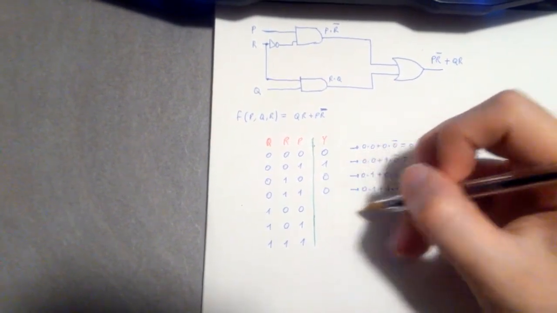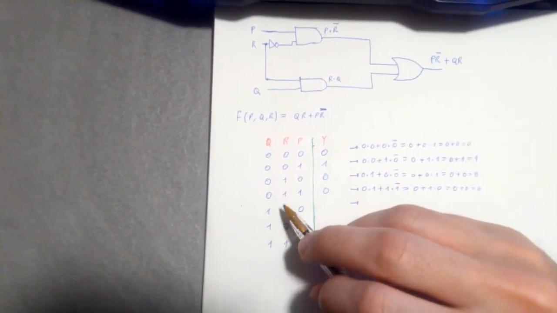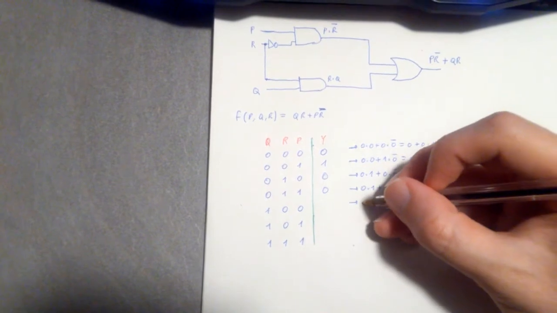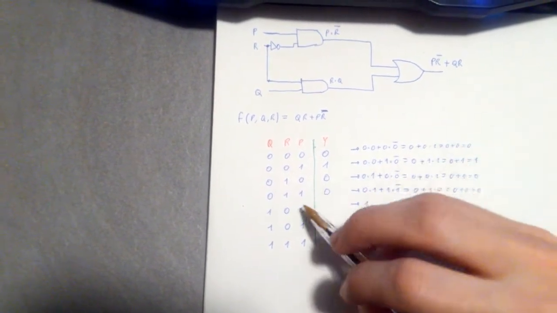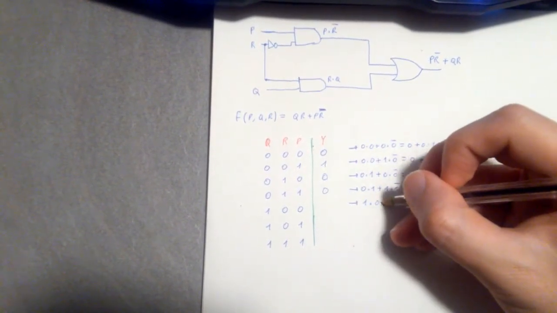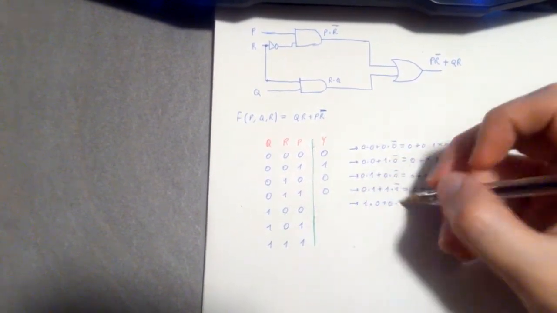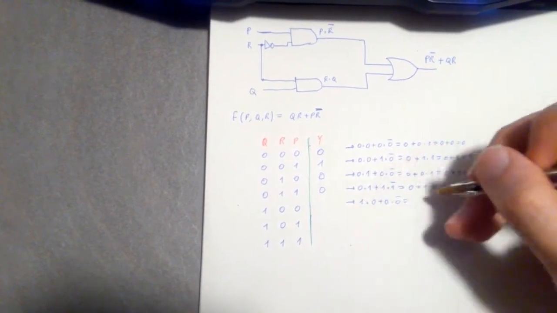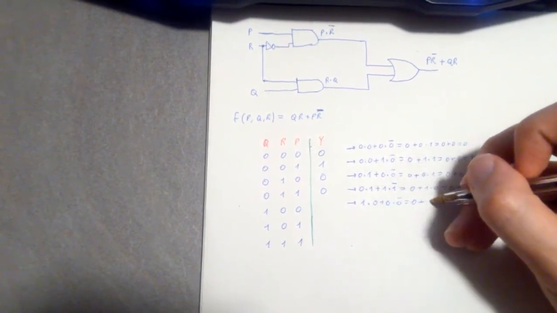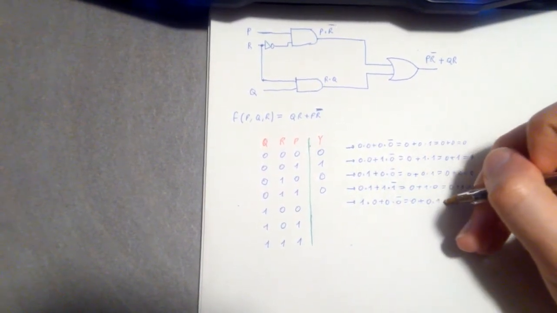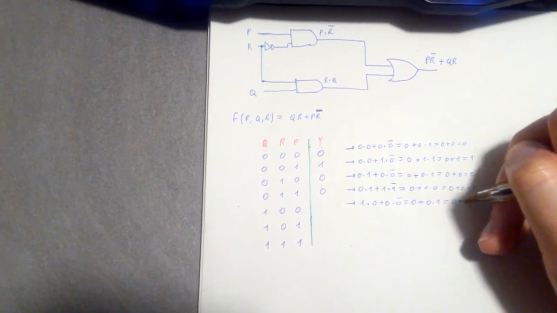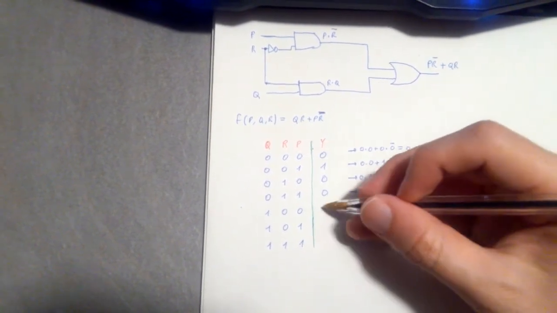So we get 0. And now with 1 0 0 we get 1 times 0 plus 0 times R naught, so 0 naught. So 1 times 0 is 0, plus 0 times 0 naught is 1, so 0 plus 0 is going to be 0 once again, so we get 0.